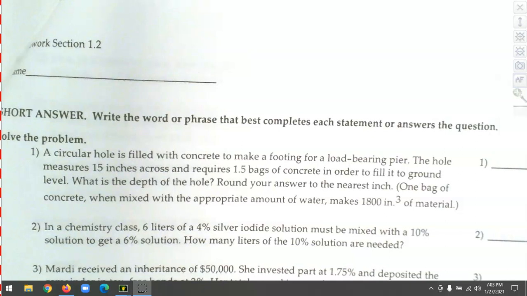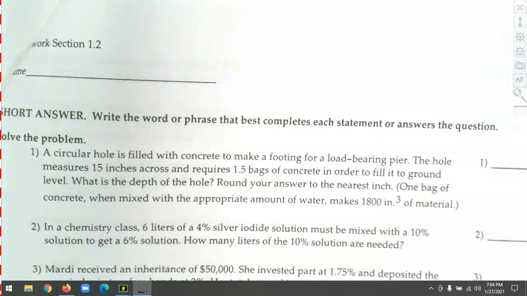The hole measures 15 inches across, and it requires a bag and a half of concrete to fill. What is the depth of the hole, rounded to the nearest inch? It even gives you a hint that one bag of concrete makes 1,800 cubic inches of material.